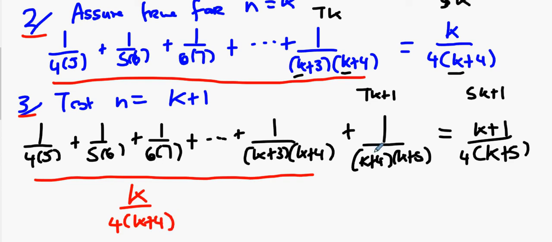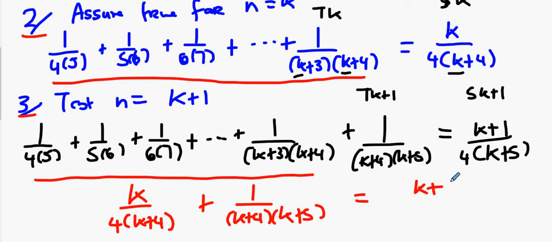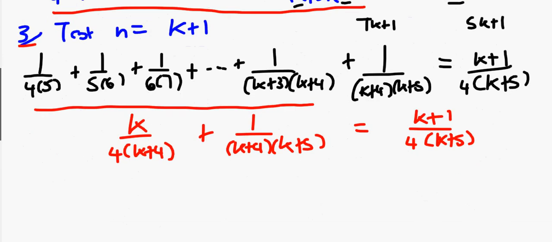And then plus your tk plus 1, which is 1 over k plus 4 by k plus 5, is equal to k plus 1 over 4 times k plus 5. Now, how do we turn the left side into the right side is what we're trying to figure out here.